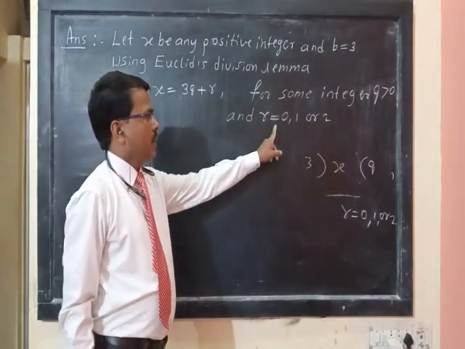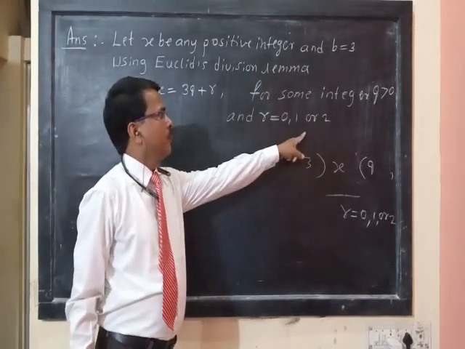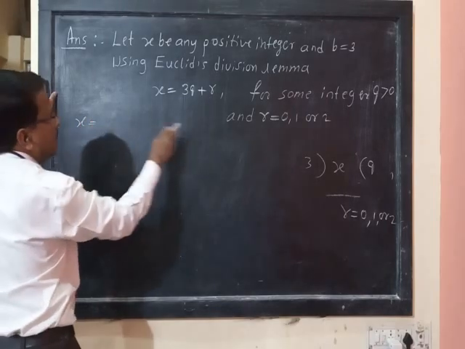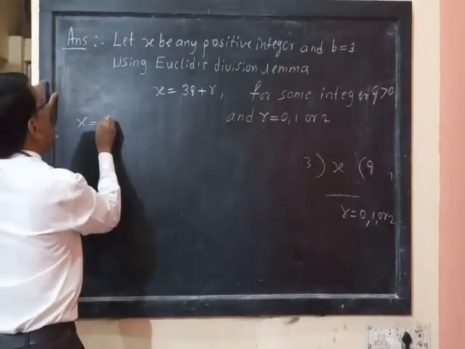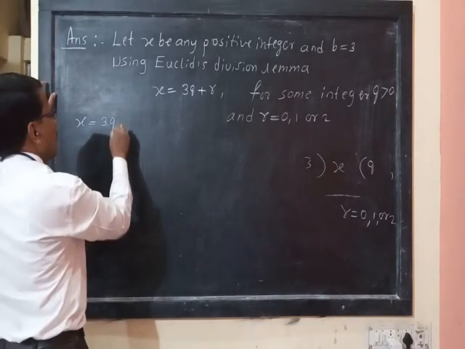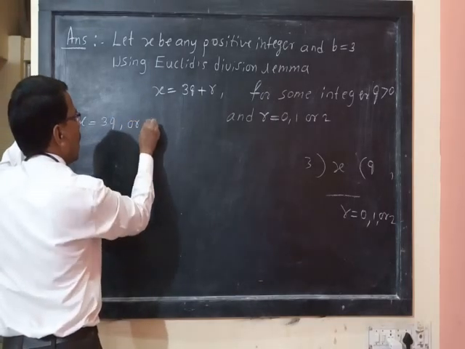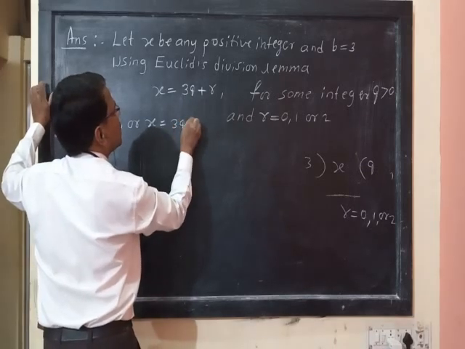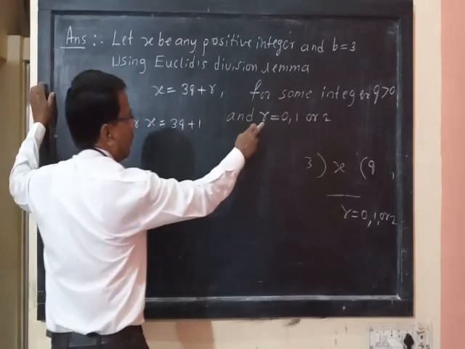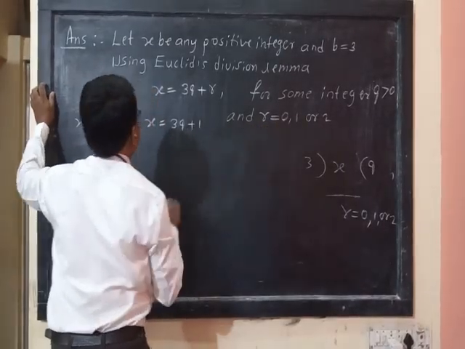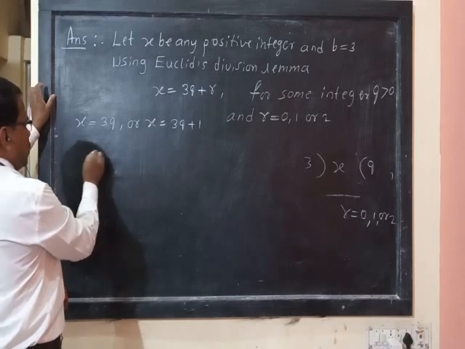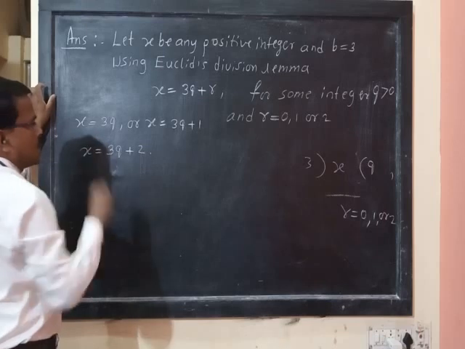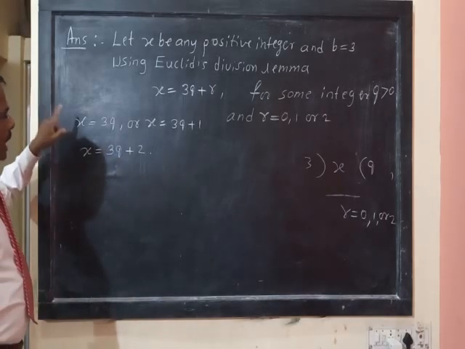So possible values for remainder are 0, 1 or 2. So when r is 0, x becomes 3q, or when r is 1, x becomes 3q plus 1. When r is 2, x becomes 3q plus 2. These are the possible values for x.